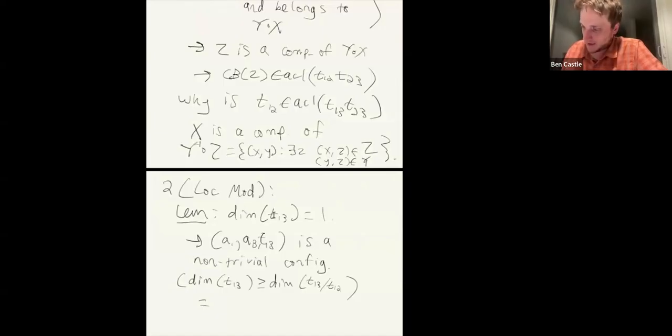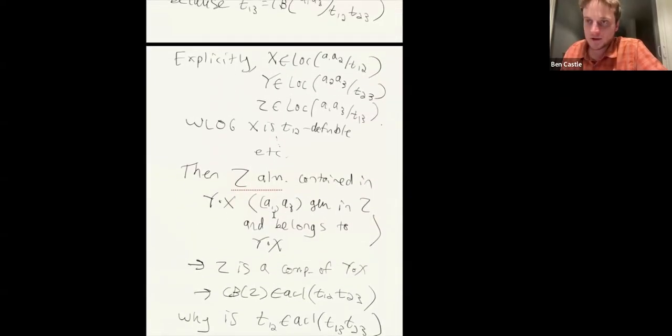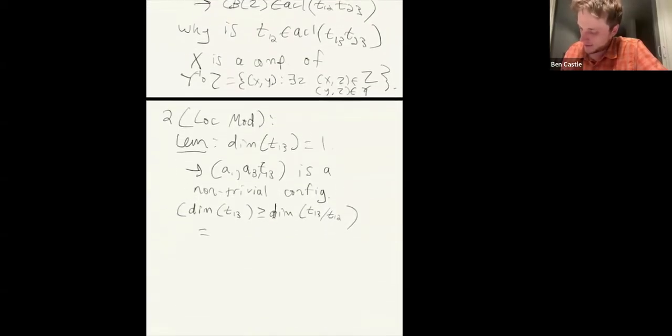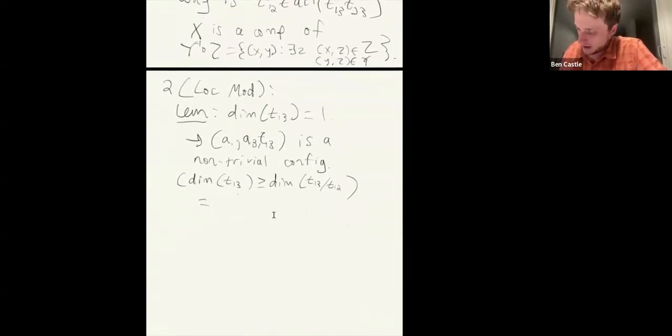Well, by the cancellation laws that we just proved, each of these three T values is algebraic over the other two. So in particular, the dimension of T13 over T12 is the same as the dimension of T23 over T12. The other two T's are inner algebraic over the first one.